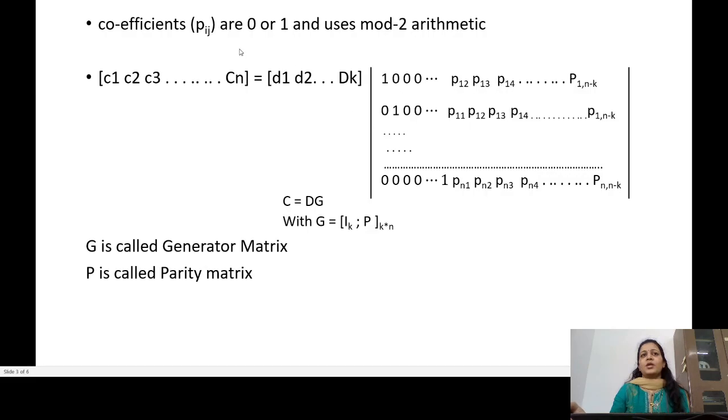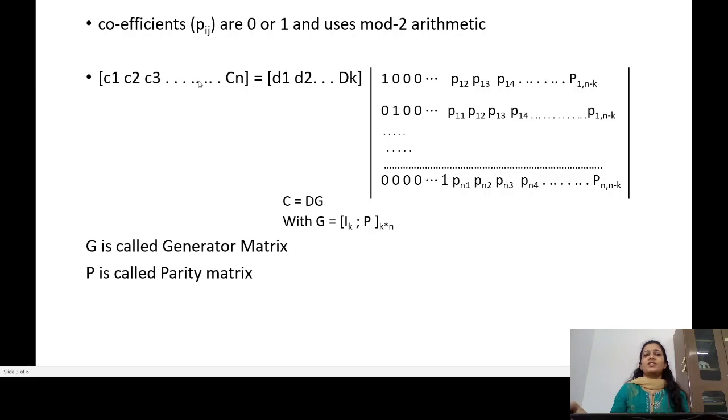But when it comes to Ck plus 1, it is D1 P11, D2 P21, D3 P31, like that, and finally Dk Pk1 as the coefficient value.